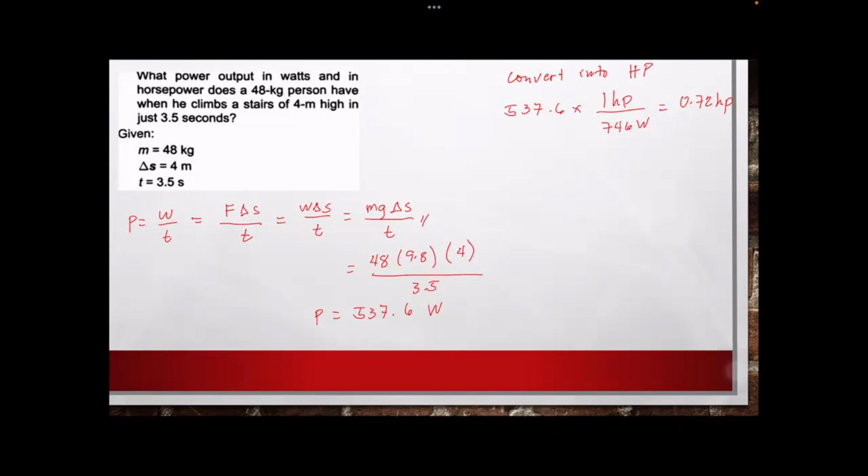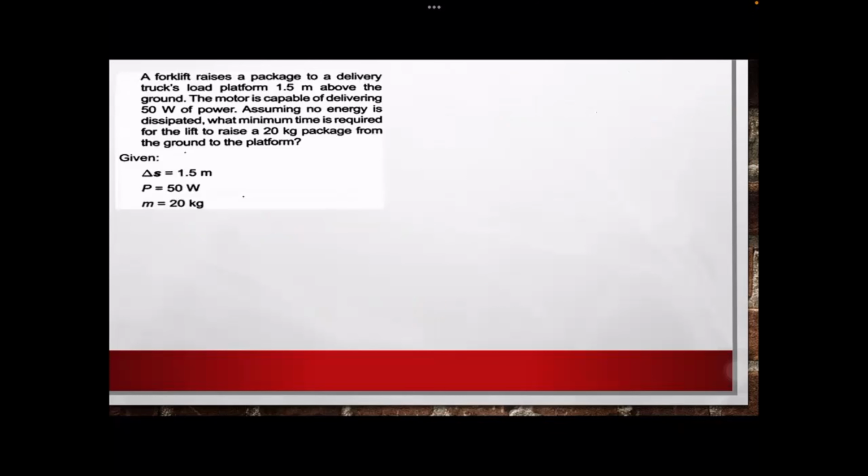Okay, so let's have another example. A forklift raises a package to a delivery truck load platform 1.5 meter above the ground. The motor is capable of delivering 50 watt of power. Assuming the energy is not dissipated, what minimum time is required for the lift to raise a 20 kilogram package from the ground to the platform?